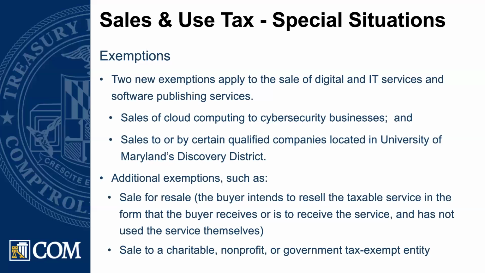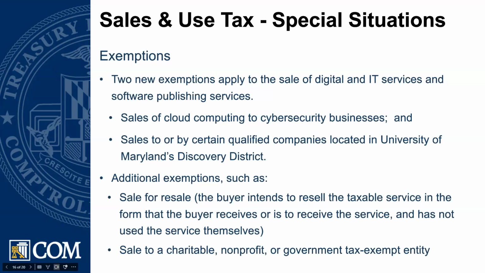Just to call a little bit of a difference out between something that a purchaser would issue as a sale for resale as opposed to a sale to a charitable or nonprofit tax exempt entity. For a sale for resale, you would issue a certificate that is generated by the buyer. We do have guidelines on our website as to what needs to be included in that, but that is just a piece of paper that is issued by the buyer themselves.